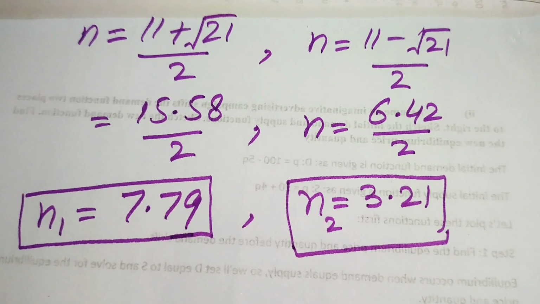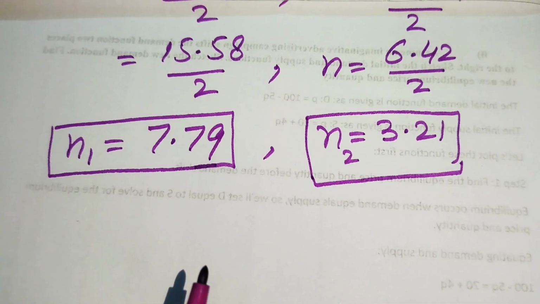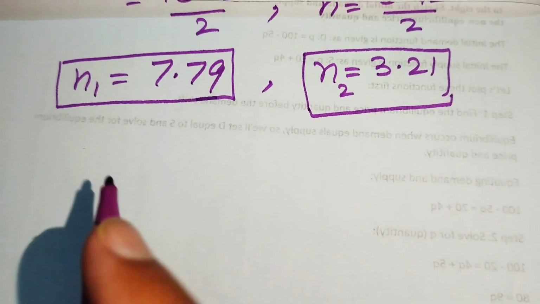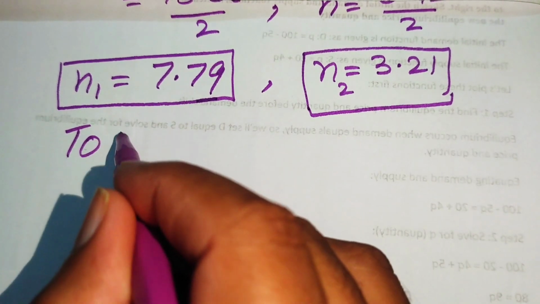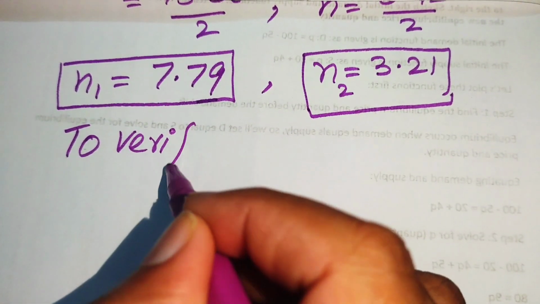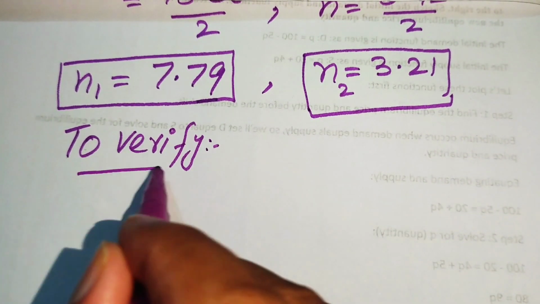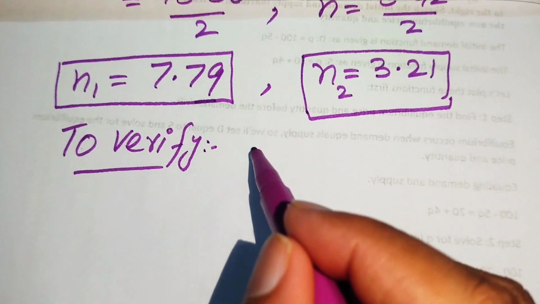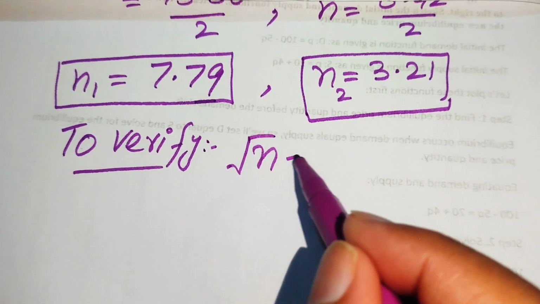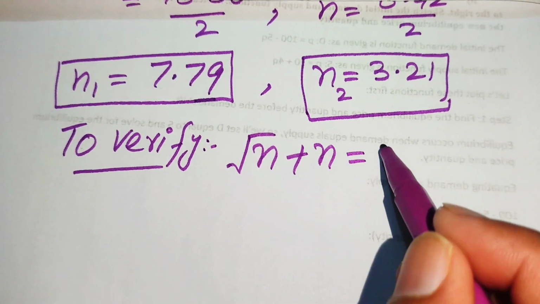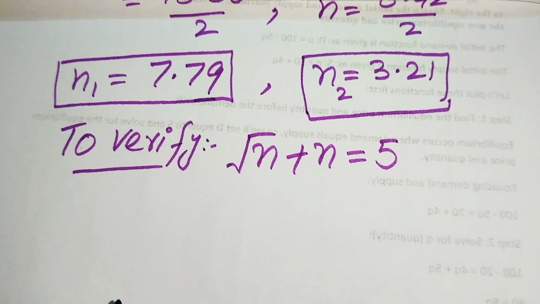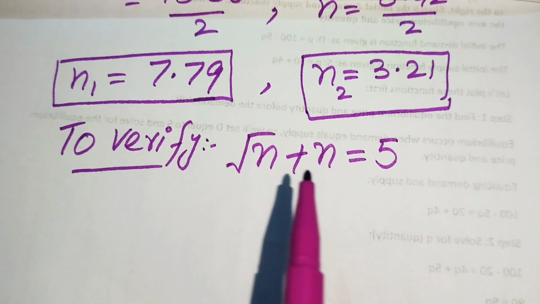So here we have these two solutions, and now we check which of these solutions satisfy our given equation. To verify this solution, we first copy down the given question statement. It is square root of n plus n equals to 5. And now we substitute both of these solutions here.